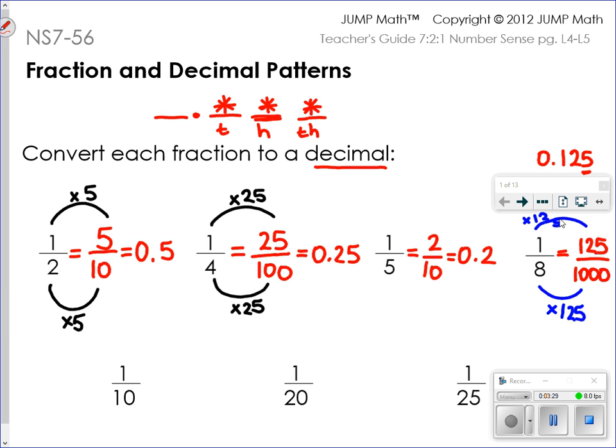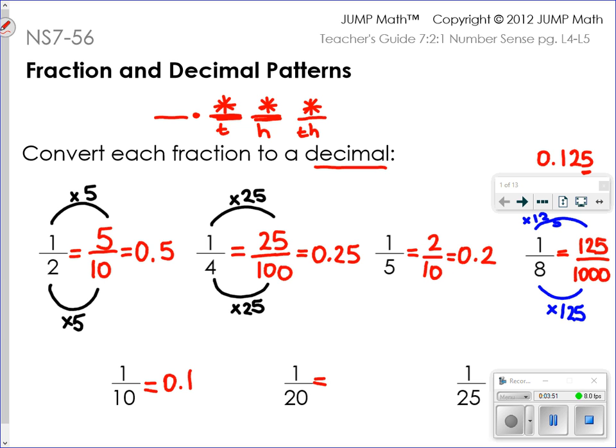Okay, 1/10. Well, that's easy. It's already in tenths, which is one of my decimal place values. So I would write this as a decimal as 0.1. 1/20. Well, I can't change this to tenths because I could divide the bottom by 2, but I can't divide the top by 2.